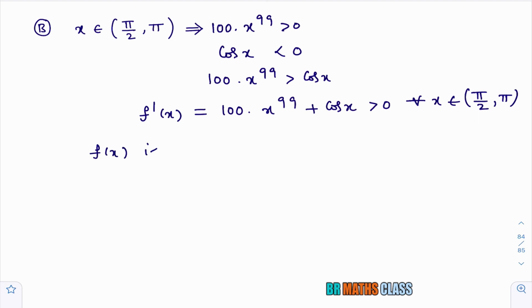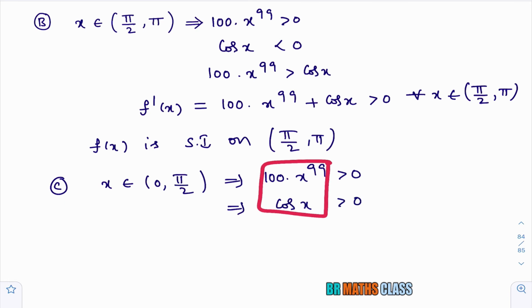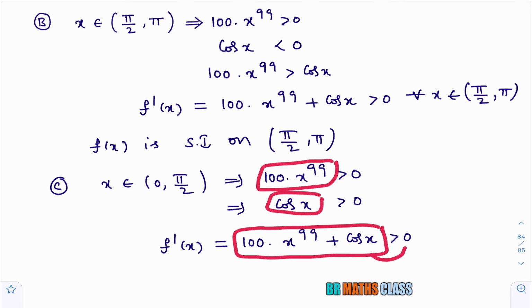Therefore, f of x is strictly increasing on open interval pi by 2, pi. If x belongs to open interval 0, pi by 2, in this interval 100 into x power 99 is greater than 0 and cos x is greater than 0. As both are positive, when I add these two things, I'll get a positive quantity only.